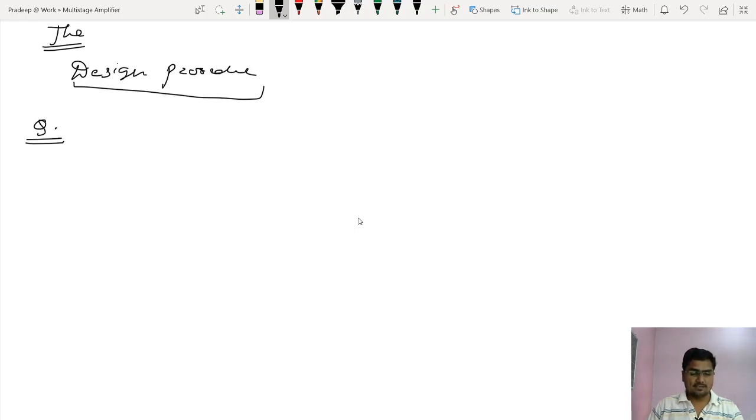Now, what are the specifications? Write down: the output voltage is given, that is 4 volt peak to peak. Then the frequency is given; that is always the lower cutoff frequency, you know that, 20 hertz. Then hFE of the transistor is also given, that is 110.